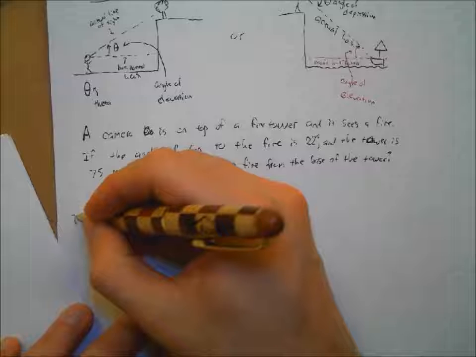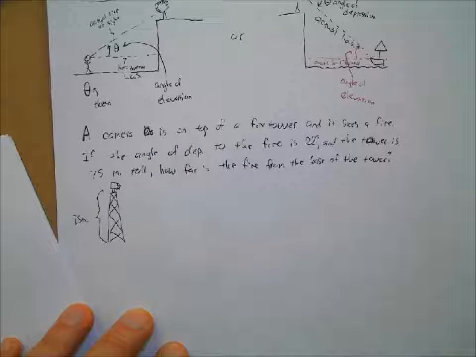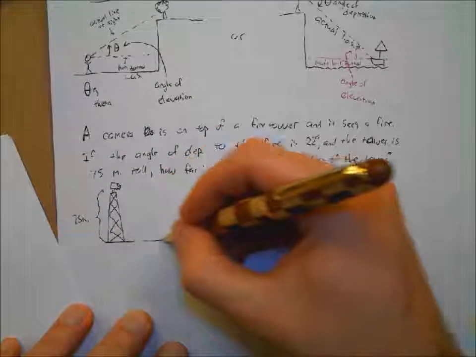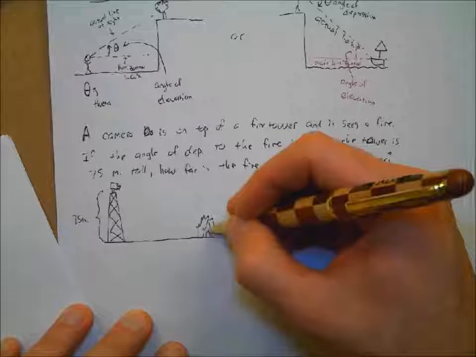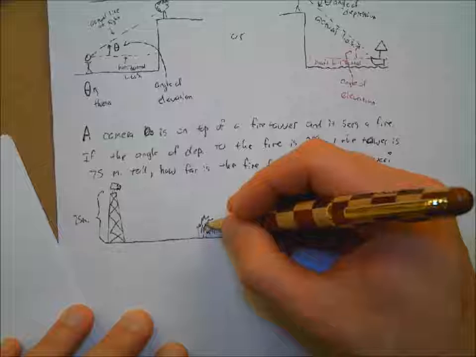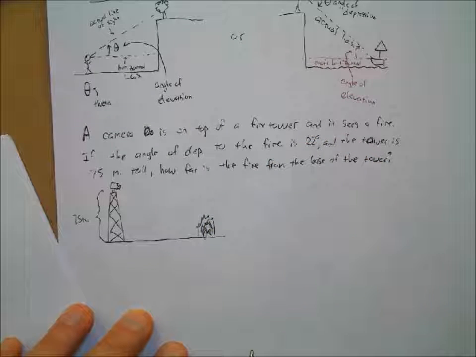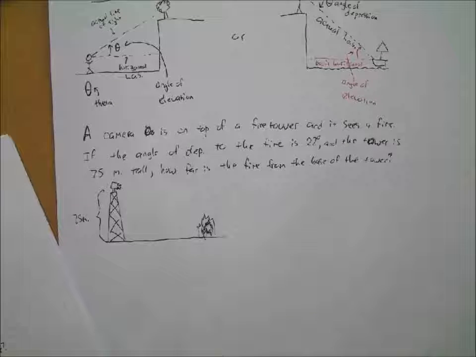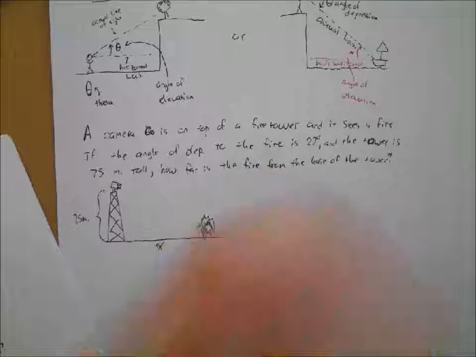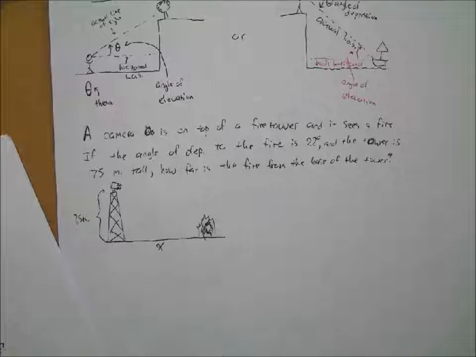We know the tower is 75 meters tall. And then we'll kind of draw our fire here, some distance away. We want to know how far is the fire from that tower.